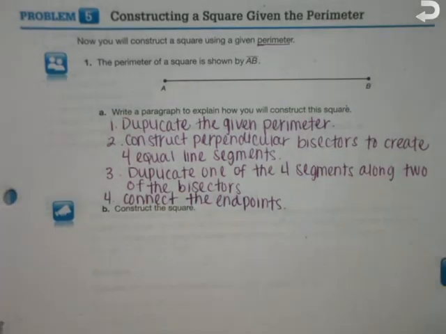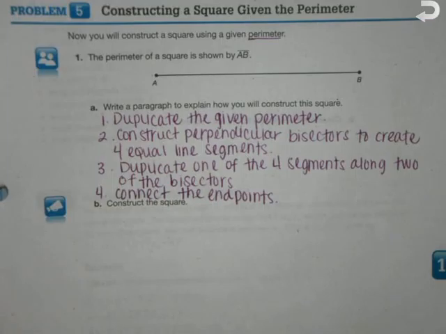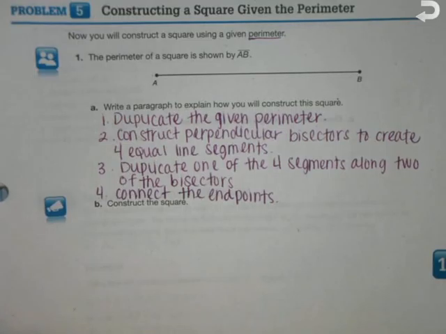The first thing we have to do is duplicate the given perimeter. So we're going to have to get a starter line and duplicate the perimeter. Then we're going to construct perpendicular bisectors to create four equal line segments. So it's just like Jack and he lost his key. We're going to have to bisect the whole thing, and then bisect the bisector in order to get four.